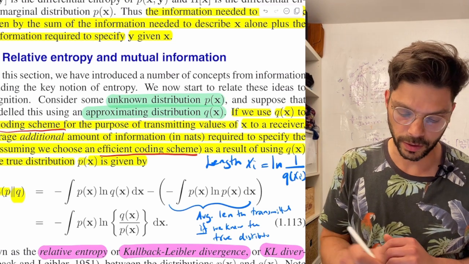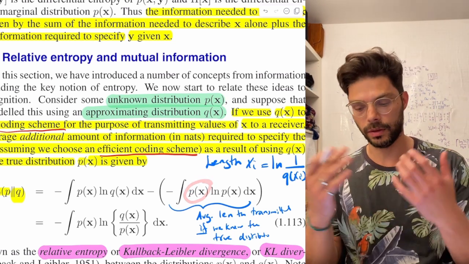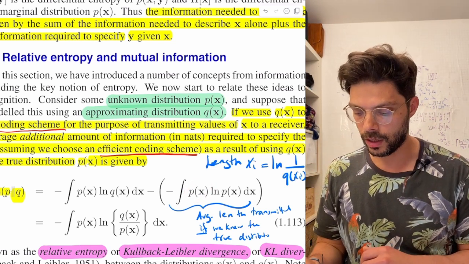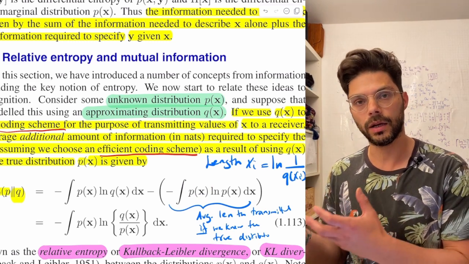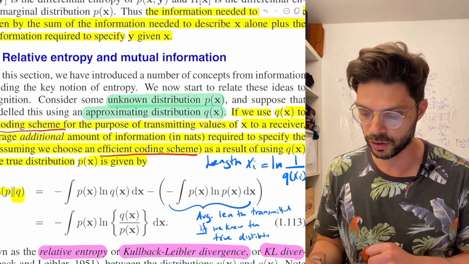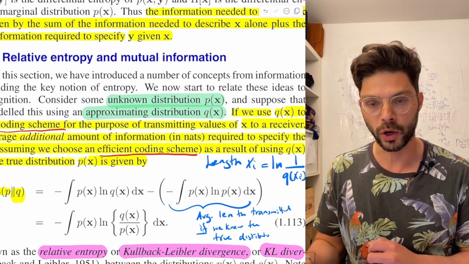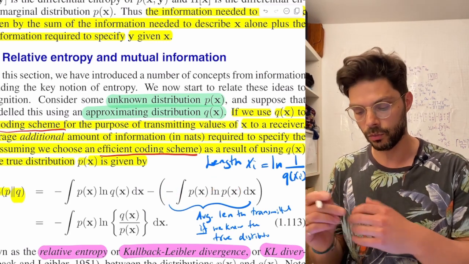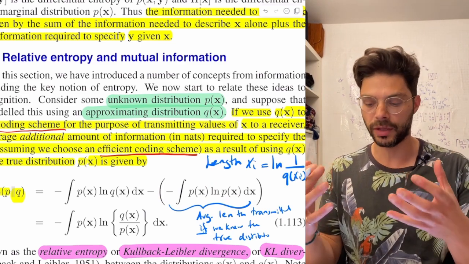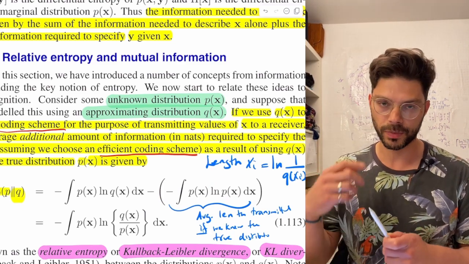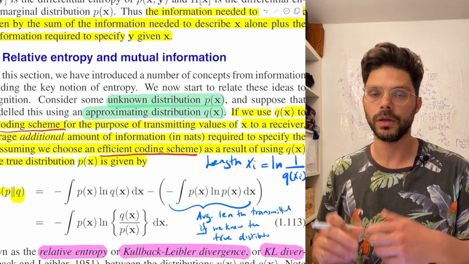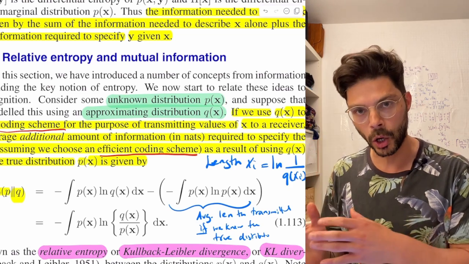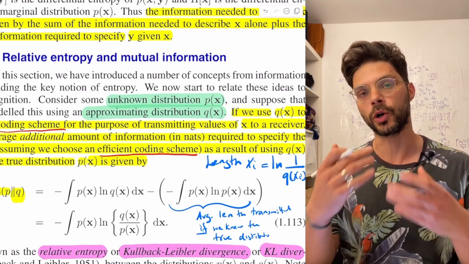Because we are averaging with the true probability, and we're assigning code lengths according to this ln of 1 over P of x. That's the ln P of x, and the minus is making it ln 1 over P of x. So this is the average length of your messages if you encoded your code words according to the true distribution.